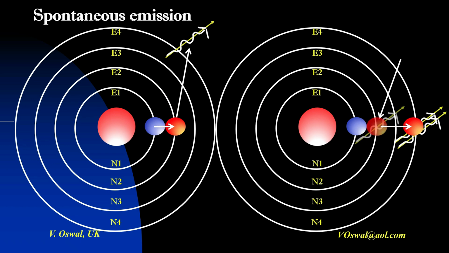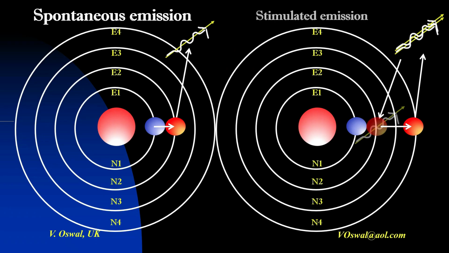It emits one photon and also an additional identical photon. The two photons are in phase and have the same directionality and polarization. This type of emission is known as stimulated emission. Stimulated emission forms the basis of the generation of the laser beam.